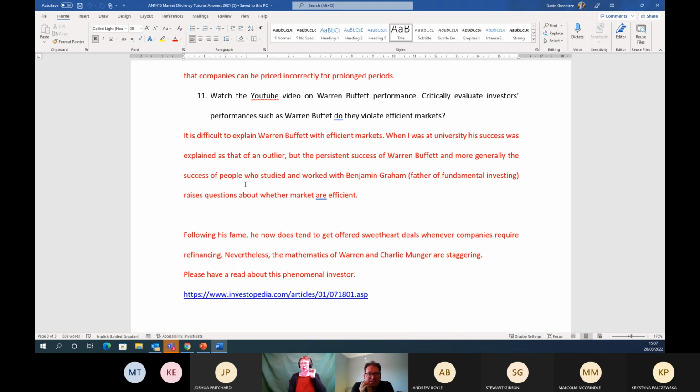It's Warren Buffett, and he's interviewed by Charlie Munger. And what they're looking at is how Warren Buffett seems to constantly achieve a higher return on investment than other investors.